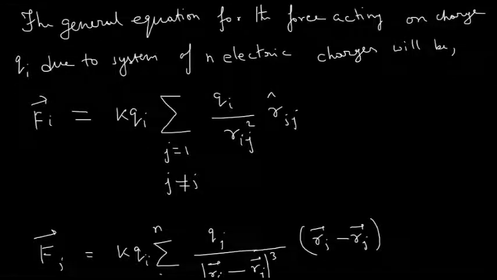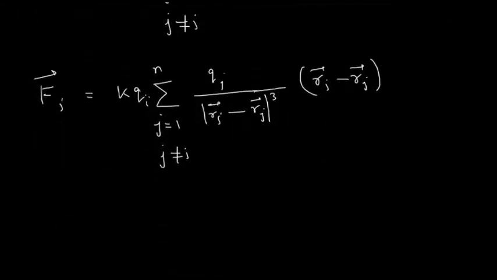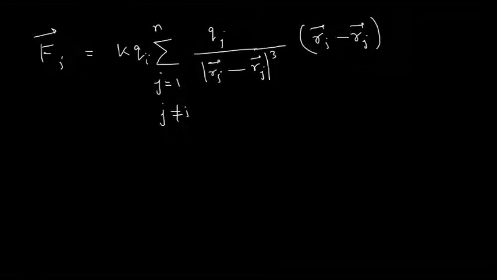The general equation for the force acting on the charge qi due to a system of n electric charges will be Fi is equal to k qi sigma j equal to 1, j not equal to i, qj upon rij square, unit vector rij. That is, Fi is equal to k qi sigma j equal to 1, j not equal to i, until n, qj upon modulus of ri minus rj to the power cube, times ri minus rj.